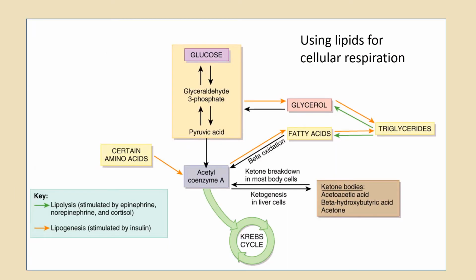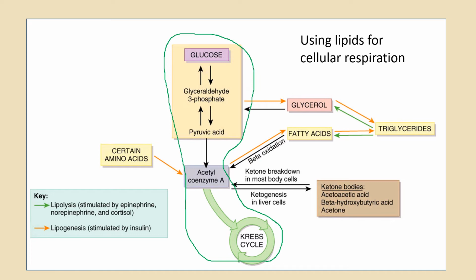So let's take a look at this diagram and start with the things that we have talked about previously. So what have we talked about previously? Previously, we talked about all of this, actually. So we covered this in the last lecture.